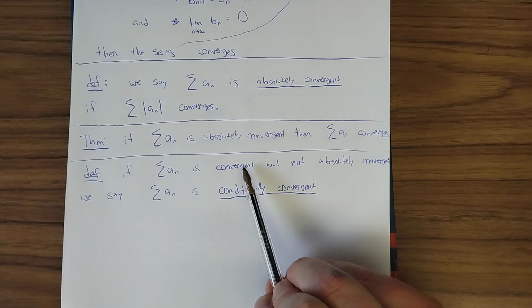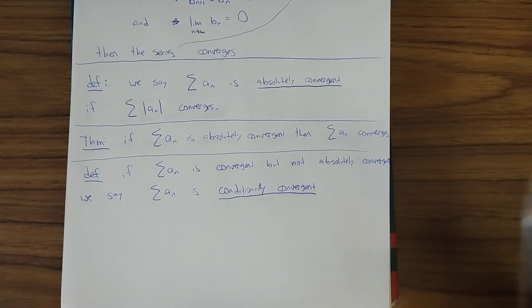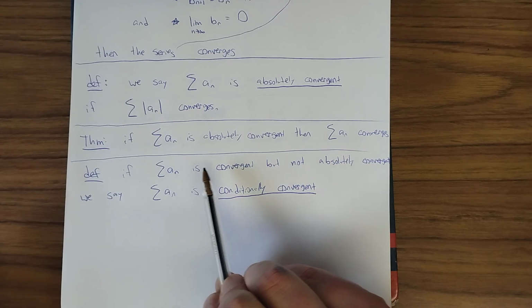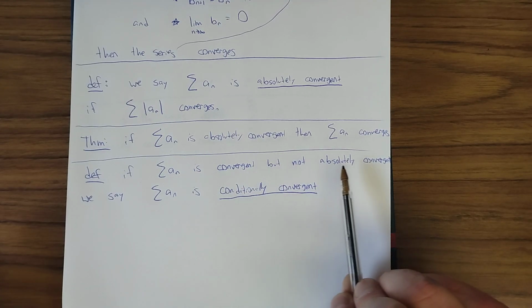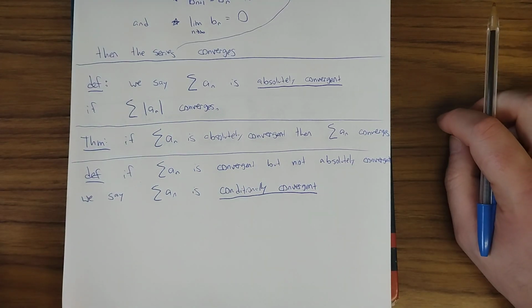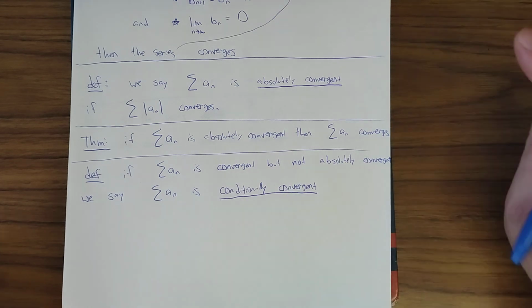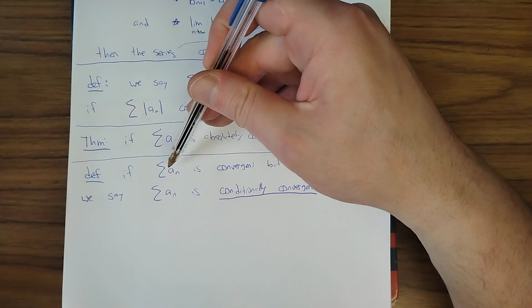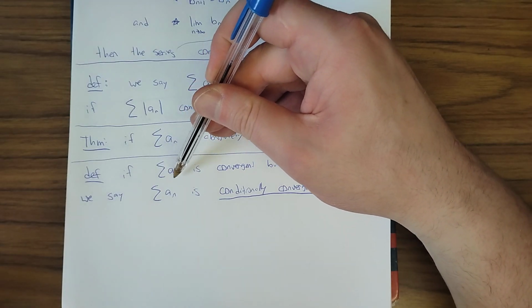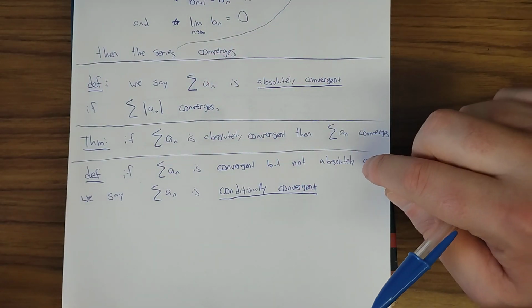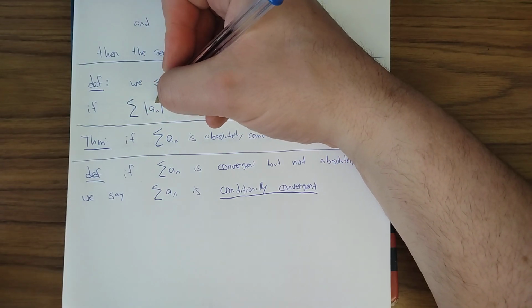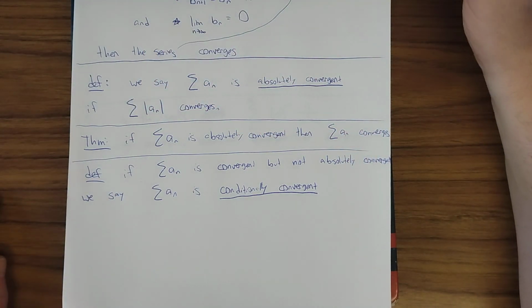We say a series is convergent. Well, sorry, let me start that sentence over. If we have a series that happens to be convergent, but it's not absolutely convergent, then we call the series conditionally convergent. So that means that the original series converges, but it's not absolutely convergent, meaning that the series with absolute values there diverges.